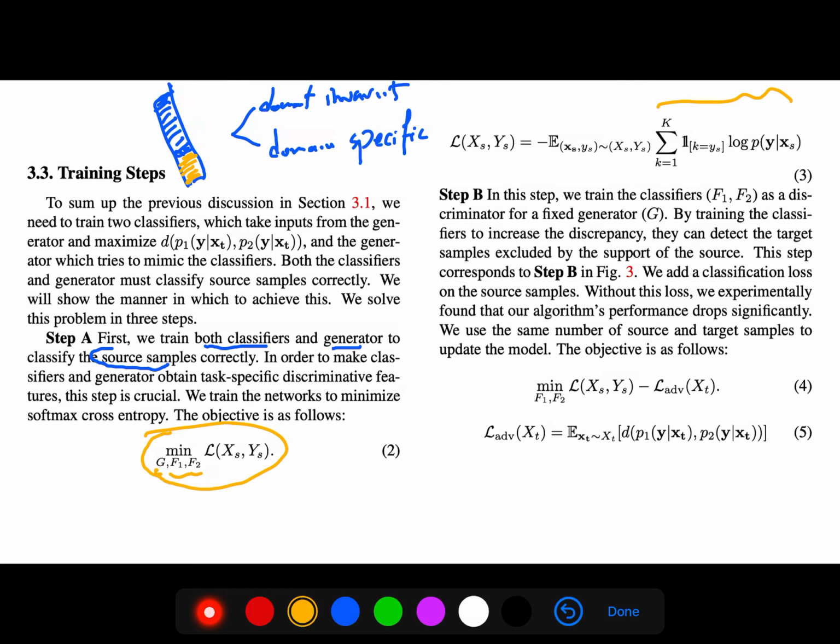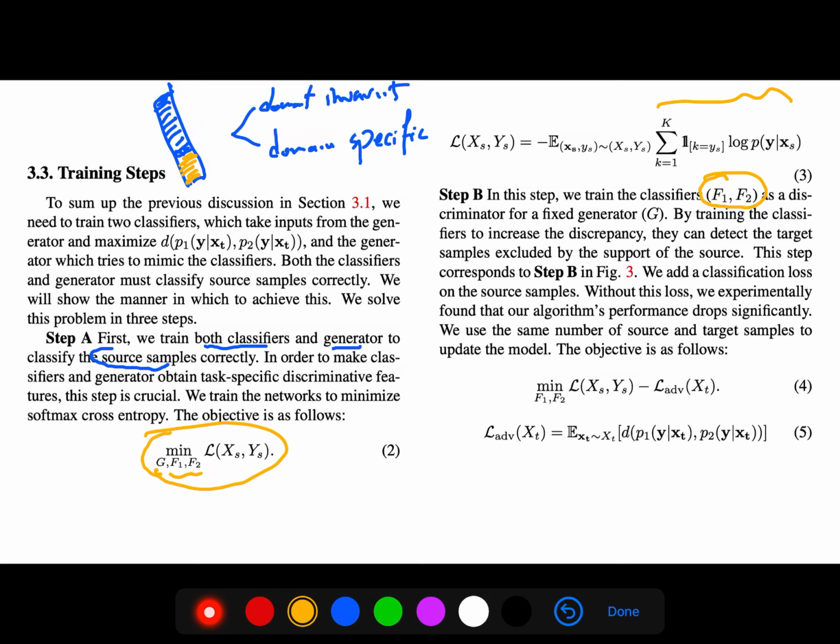But in step B, we train classifiers as discriminator for a fixed generator. By training the classifiers to increase the discrepancy, they can detect the target samples excluded by the support of the source. This step corresponds to step B in the figure that I showed you.